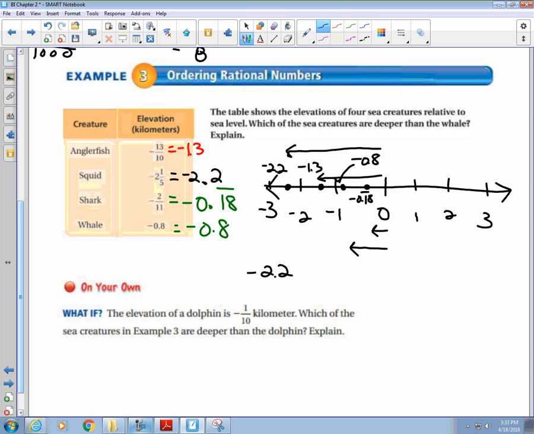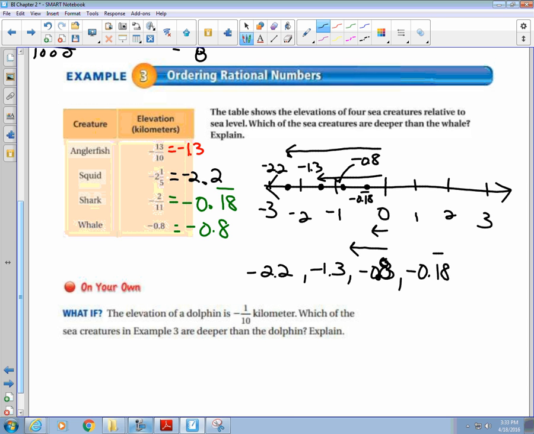The next would be negative 1.3, so that's the next smallest number. The next would be negative 0.8, I'm sorry, that's supposed to be an 8 there. And then finally, our greatest number is negative 0.18, repeating.